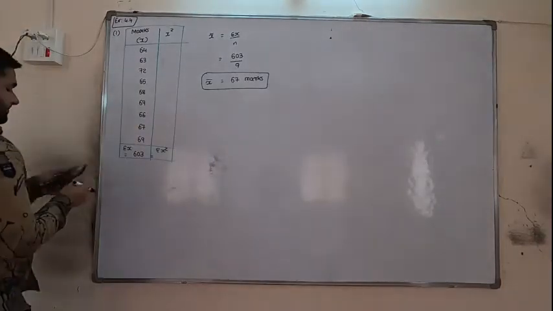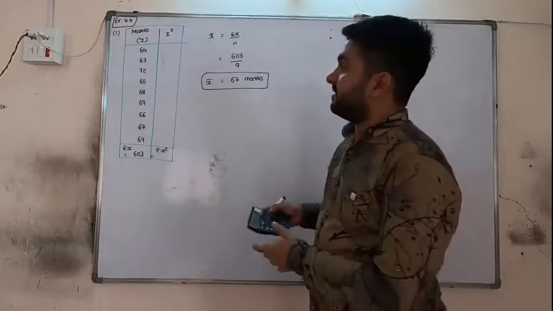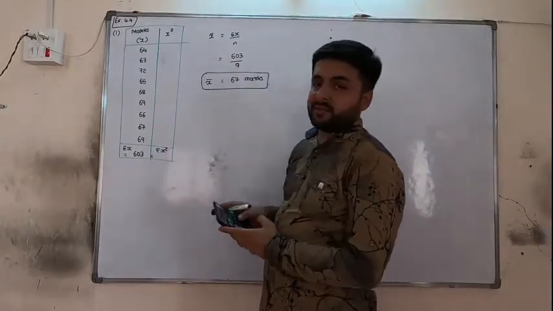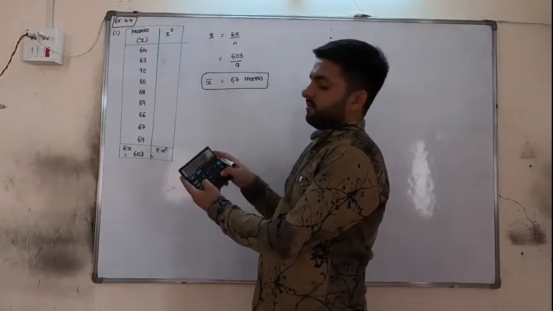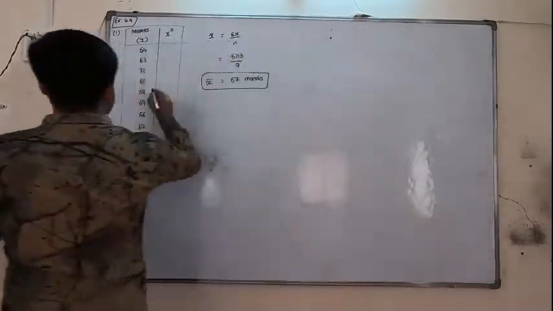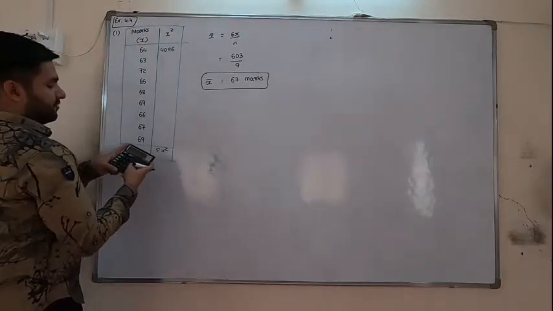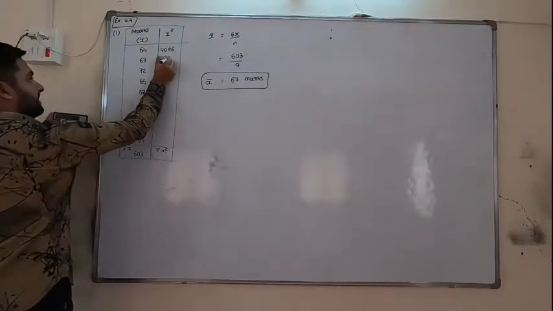So columns are less. Now how to take the square by using the calculator is very easy. You want to take the square of 64. So what you will do? 64 multiply and equals to. You will directly get 4096. Then 63 into equals to 3969.